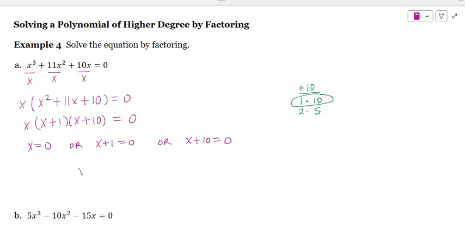So my 3 solutions are x equals 0, x equals -1, or x equals -10. I'm getting 3 possible solutions, or 3 x-intercepts if we were to think about the graph. And that makes sense because our original was an x raised to the 3rd power.